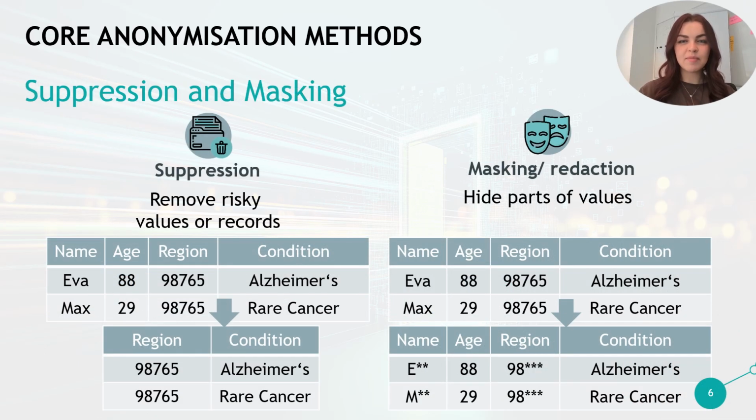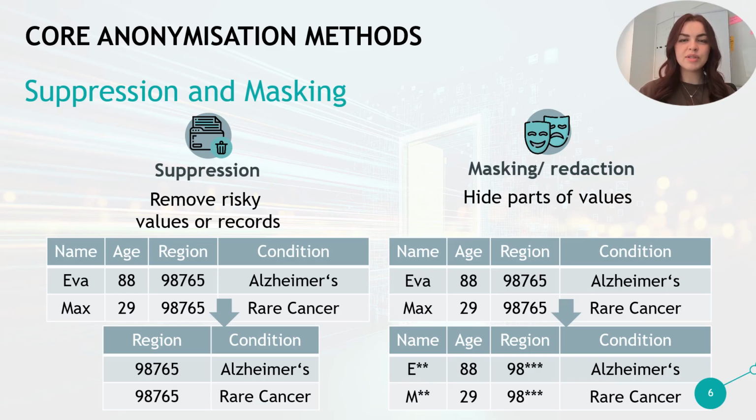Suppression means that something is removed entirely. This can be a direct identifier, a very risky variable, or in some cases, a record that is too unique to release safely. You may remember this example from Lesson 1. Masking means that part of a value is hidden. For example, a postcode may be shortened, or a date may be reduced.